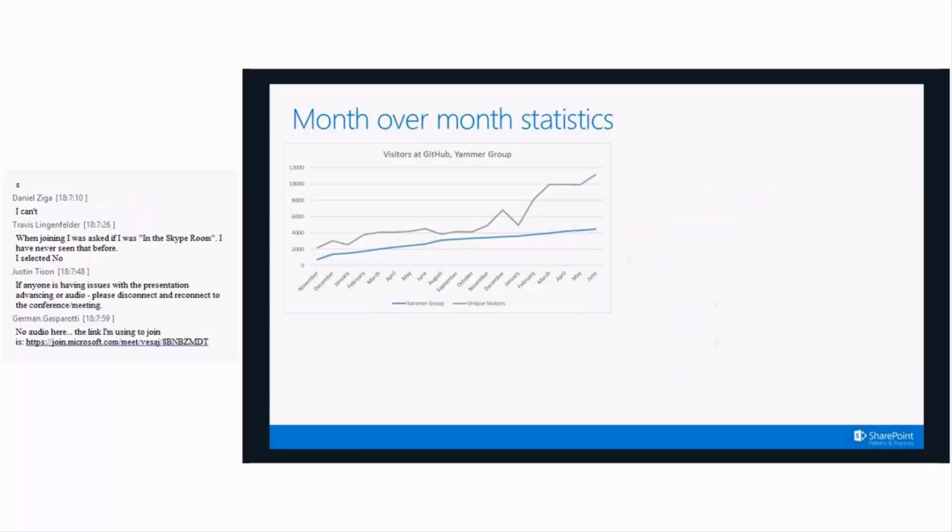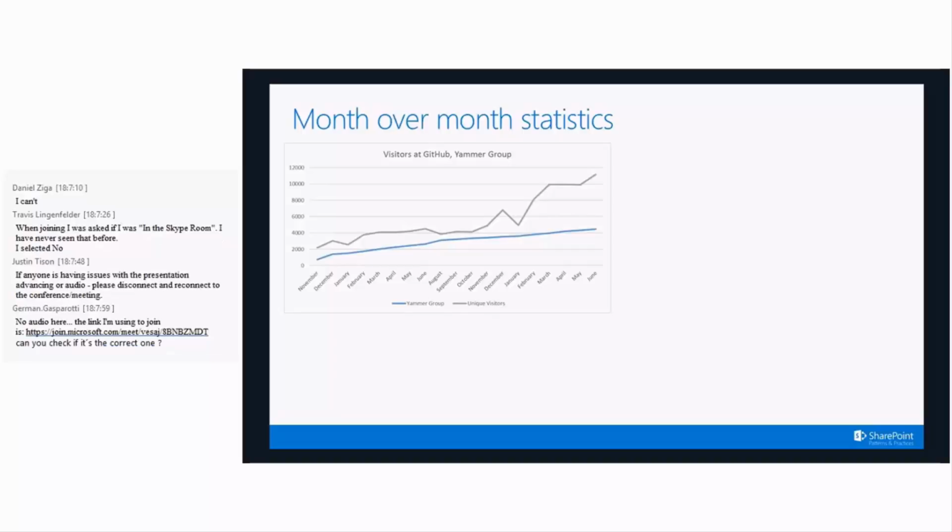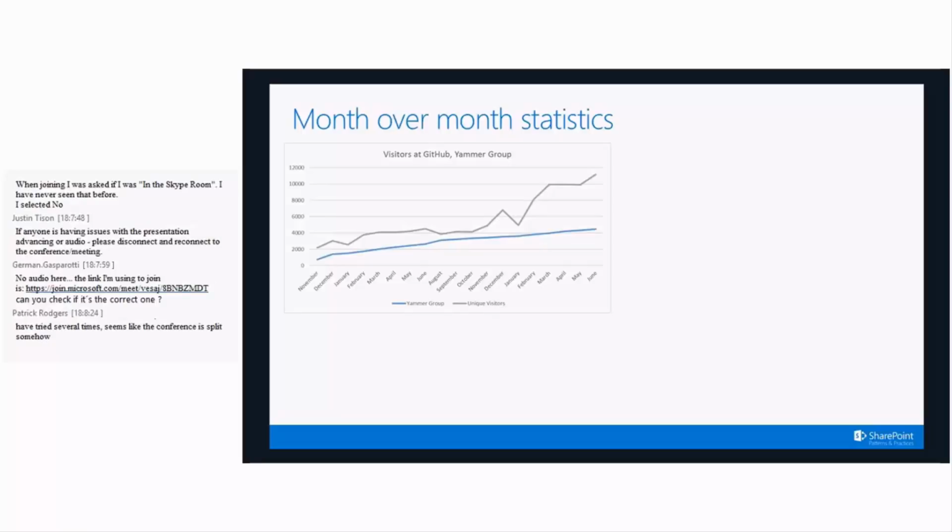Month-over-month statistics, we are growing. The key numbers to quickly look at: obviously the Yammer groups are growing quite steadily. The unique visitors are unique visitors across all of the PnP repositories within the past 2 weeks, and that's now going slightly up from the previous month. I think we crossed 11,000 from a last 2 weeks unique visitors perspective.